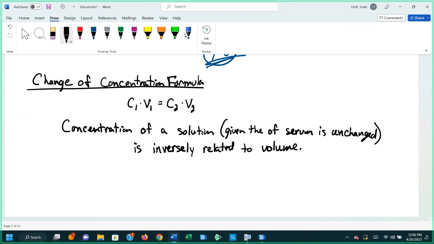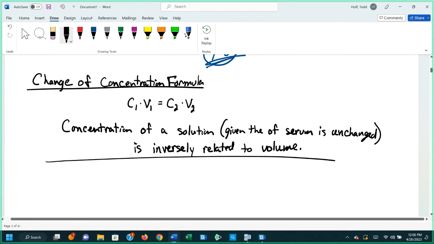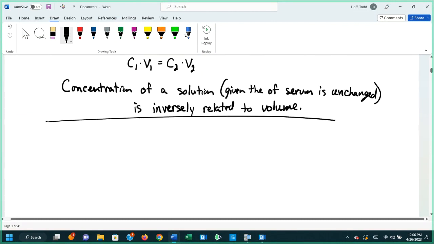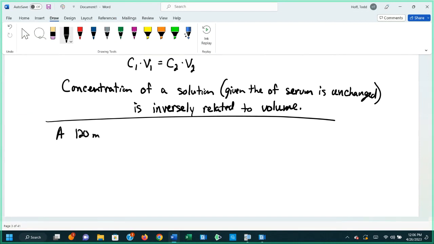So by volume here, it's implied that the volume is the amount of sterile water or NS that has been added to that solution. The more we add, the lower the concentration gets. Let's take a look at an example here. A 120 milliliter solution has a concentration of 15%.